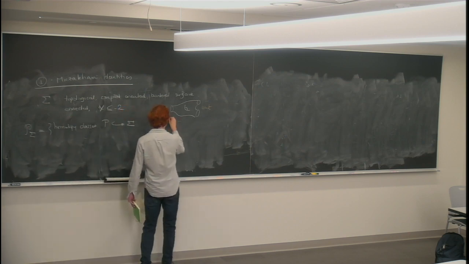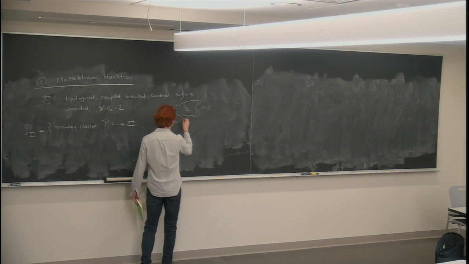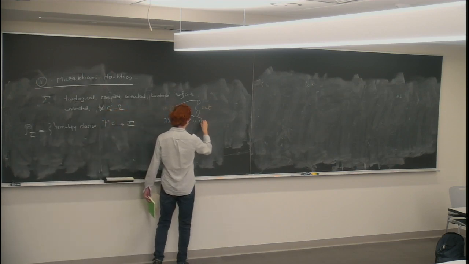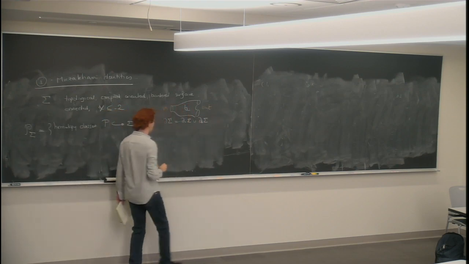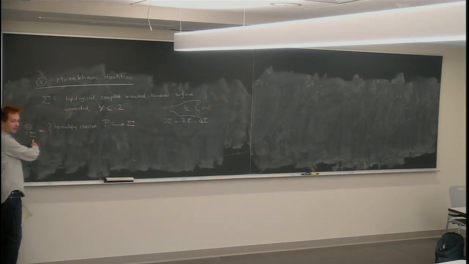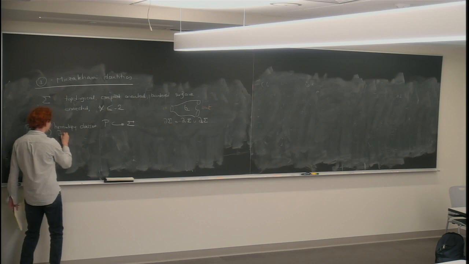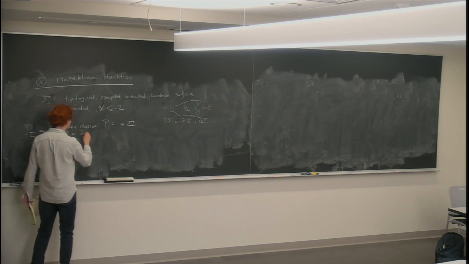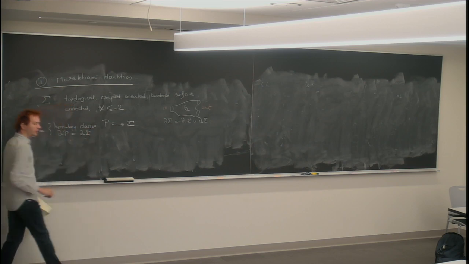So I can split the boundary of the surface into one boundary component, d minus, and the rest, d plus. I want to consider embeddings of pairs of pants such that the in boundary of P coincides with the in boundary of sigma.